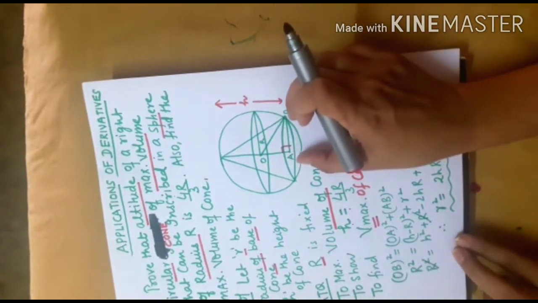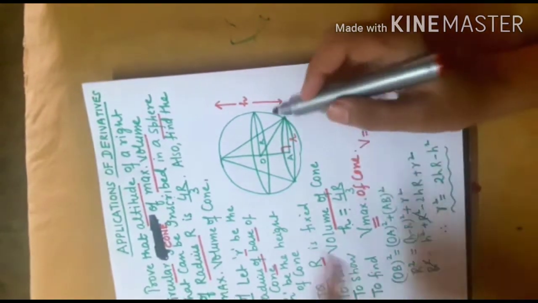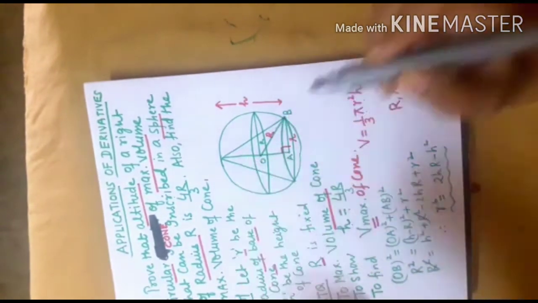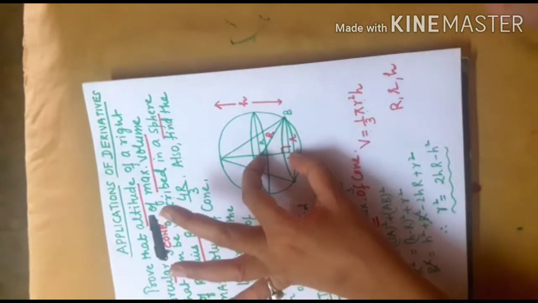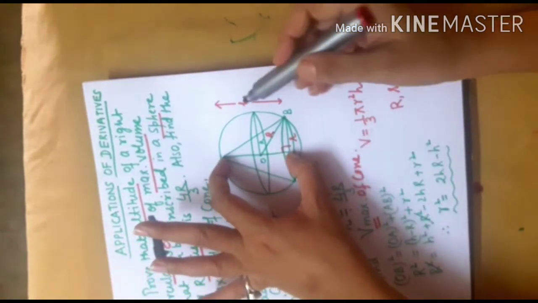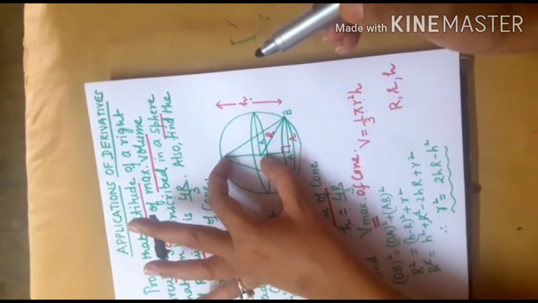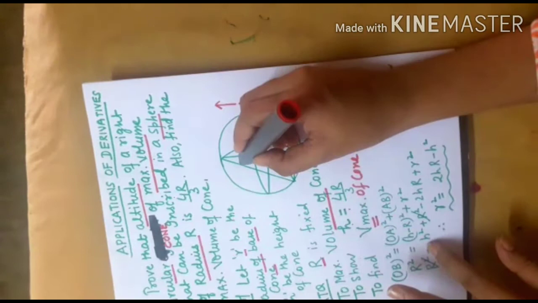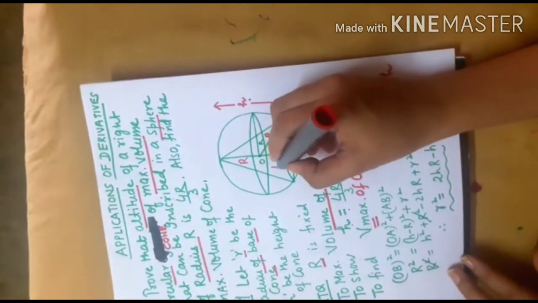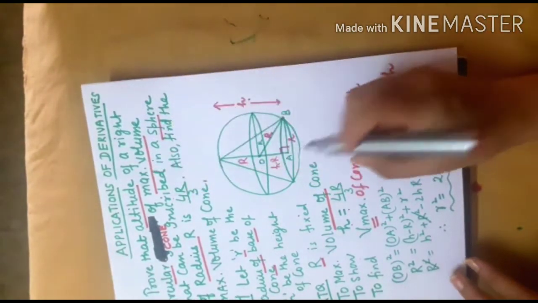Here this AB will be small r. This OB is the radius of the sphere, so it will be capital R. And this whole OA is equal to small h. And this part is the length of the radius, which is capital R. So what will be this part? Yes, it will be small h minus capital R.